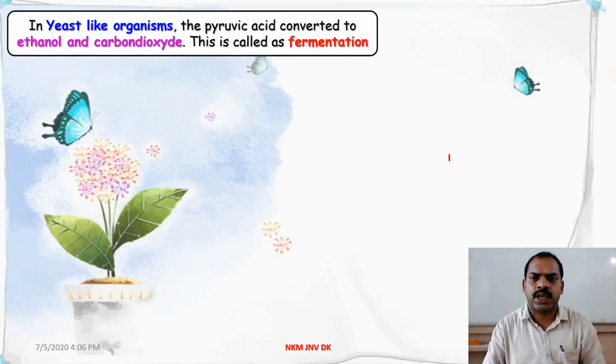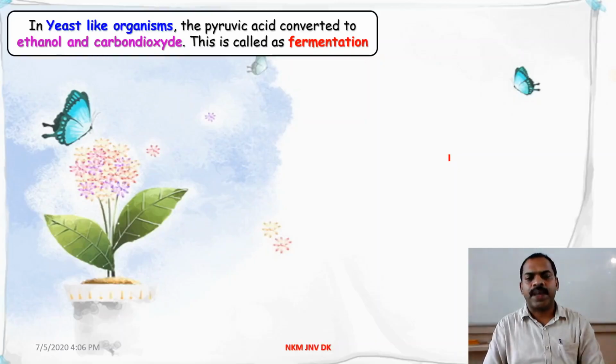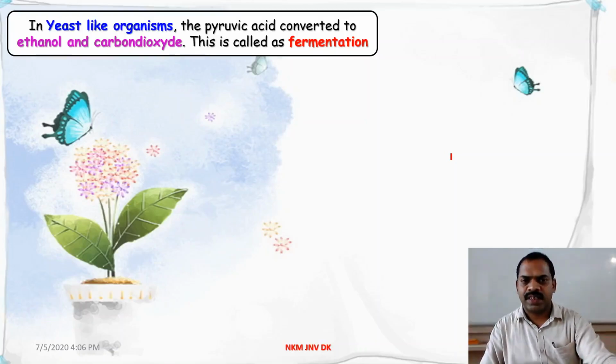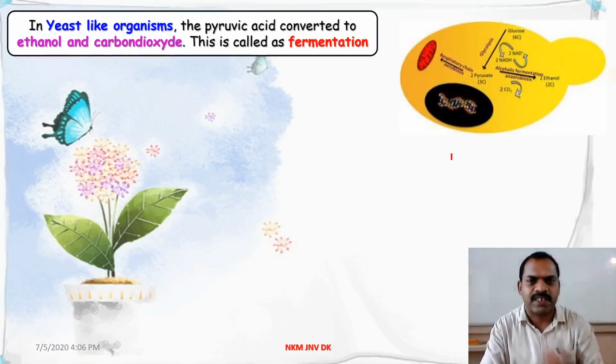In our kitchen, yeast is one of the main ingredients to ferment the food, to make certain types of breakfast items. We use yeast in dosa preparation and idli preparation, where a little yeast is added, so it is fermented easily. When you get a dosa, why does it have full of holes?